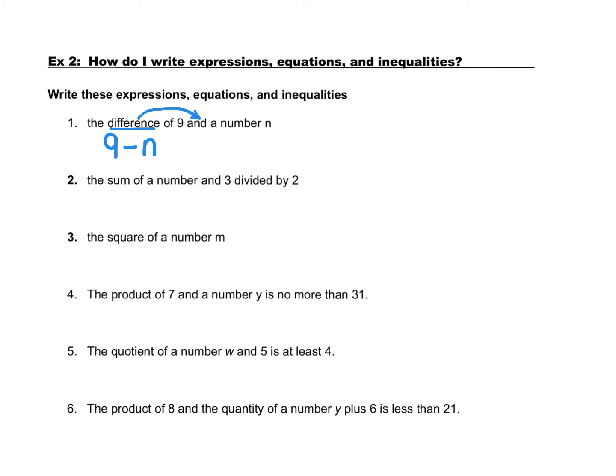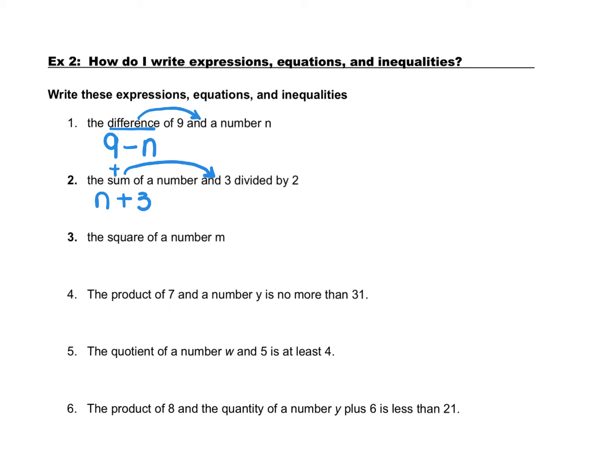For number 2, I have the sum of a number and 3 divided by 2. All right, so sum we know is the answer to an addition problem. It's going to be placed right over here where you see that word and. We're going to use the letter n for number because we don't know what that number is. And then we know we're going to have plus 3.